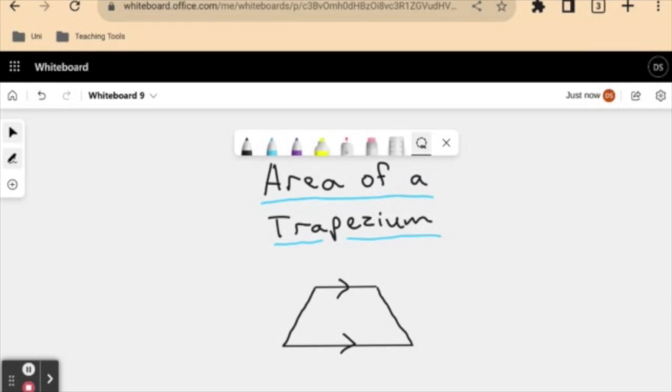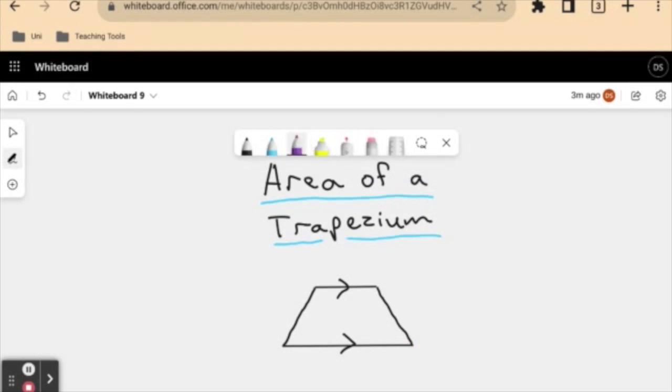The trapezium itself only has one pair of parallel lines, these two here. But these are of different lengths. So when we join up with a couple more straight lines here, we get a kind of weird little crooked shape, so to speak. So this particular trapezium, we want to find the area of it.